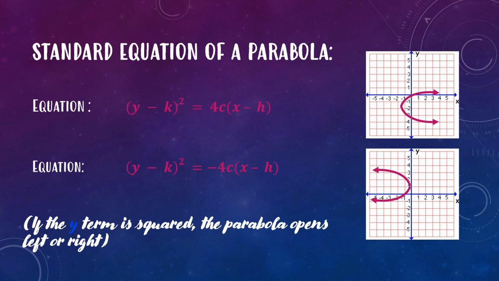Okay, so again, it can be anywhere as long as it opens to the left. Same as above, it can be there. As long as it opens to the right, its equation should be like this.